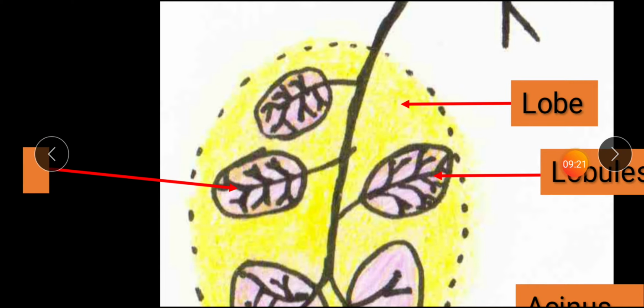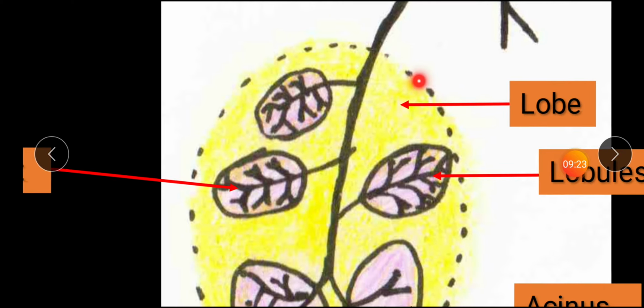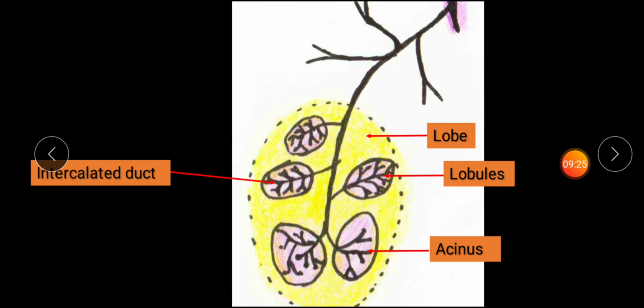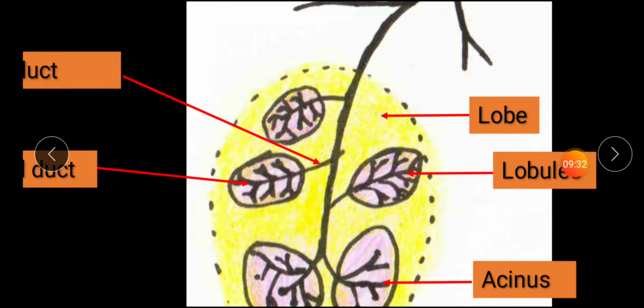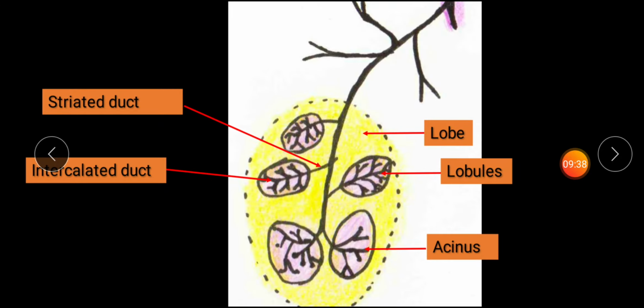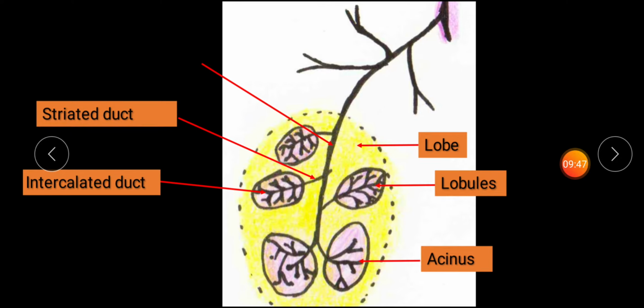After the intercalated duct you will have another duct that is known as the striated duct. This duct has striated cells, that is why it is known as the striated duct. After this striated duct you have this duct, known as the interlobular duct.